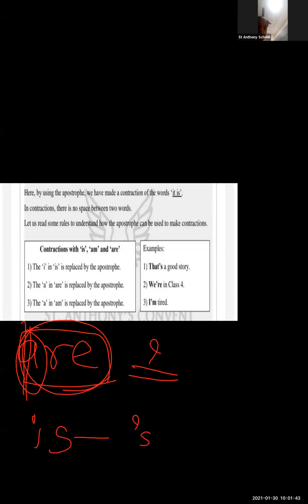Now, let's talk about am. What will you do for am? You will replace the a by an apostrophe and keep the m. You will replace a and add an apostrophe: 'm.